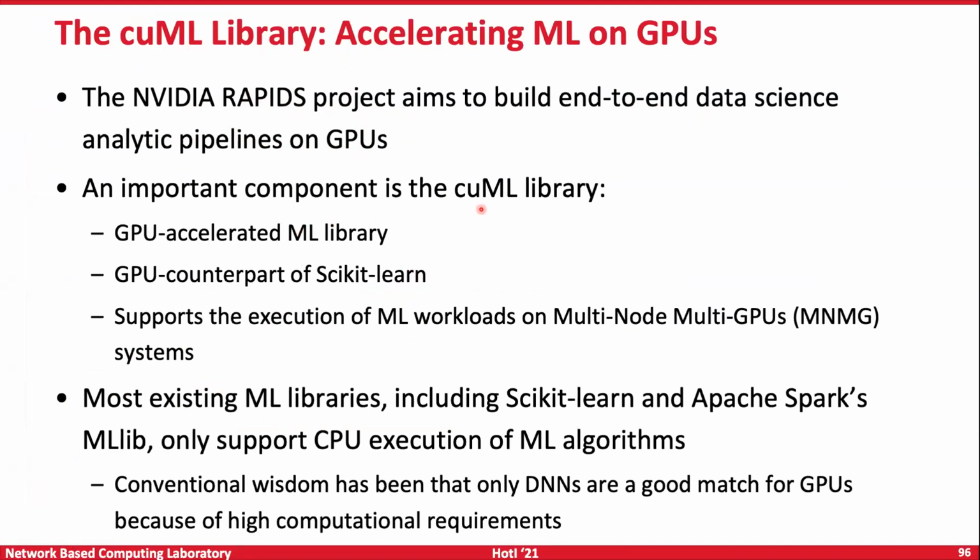And one of the important components of this project is the cuML library. This library can be thought of as the GPU accelerated version of Scikit-Learn, so the GPU counterpart of Scikit-Learn. And what essentially this does is that it supports the execution of machine learning workloads on multi-node, multi-GPU systems.